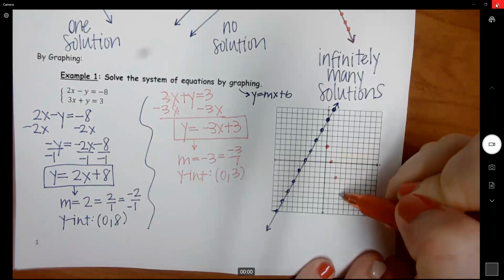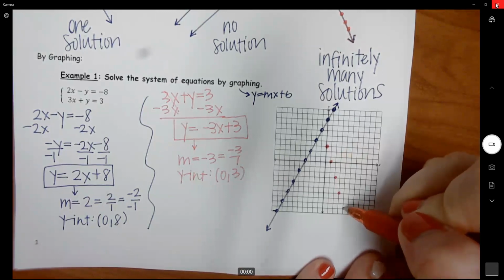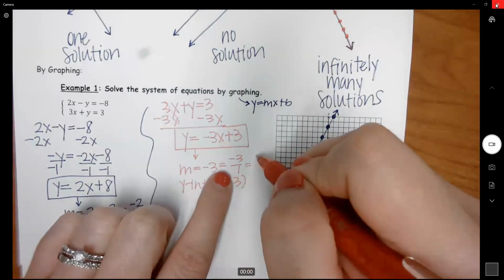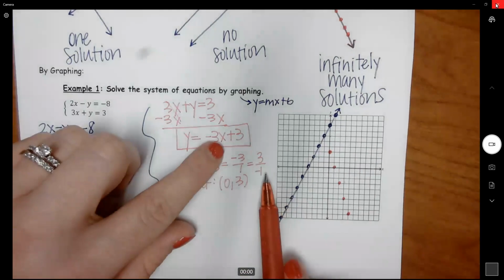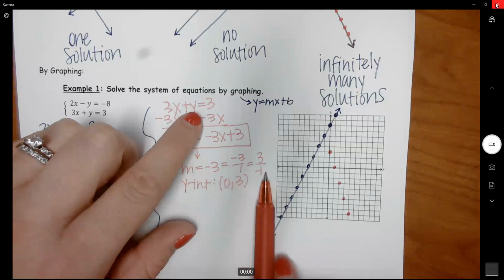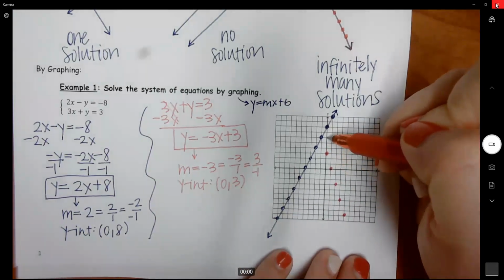And I can keep going, and I will. This is the same as 3 over -1. It doesn't matter where that negative goes, as long as you have it. It can either go in the top or in the bottom. So from this point, I can go up 1, 2, 3 over 1.